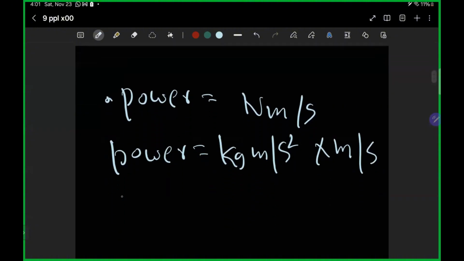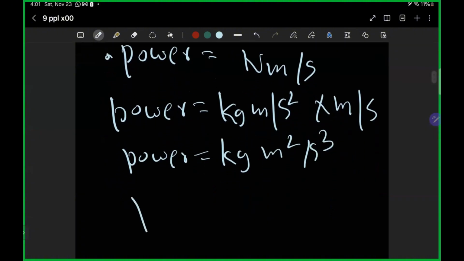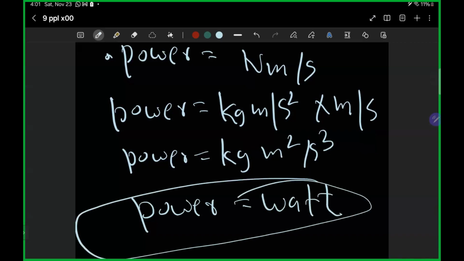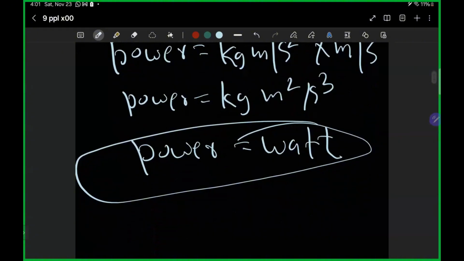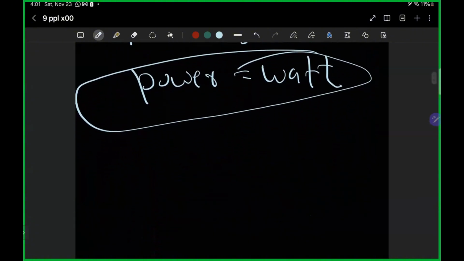So this will be calculated as kg into meter square per second cube, which is equivalent to watt. It can also be converted by using kilowatt and horsepower, but the SI unit is watts.